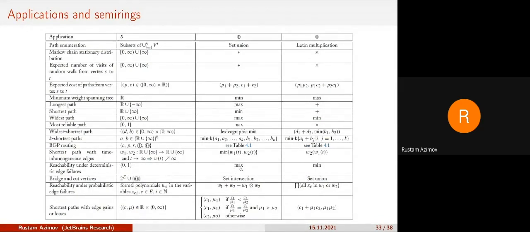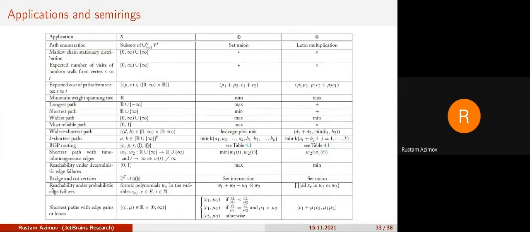So here we use max and minimum, but it can be the disjunction and conjunction operations for logical values. And also in networks, as I said before, we can find bridges and cut vertices by using such interesting semirings. We will talk about it next.